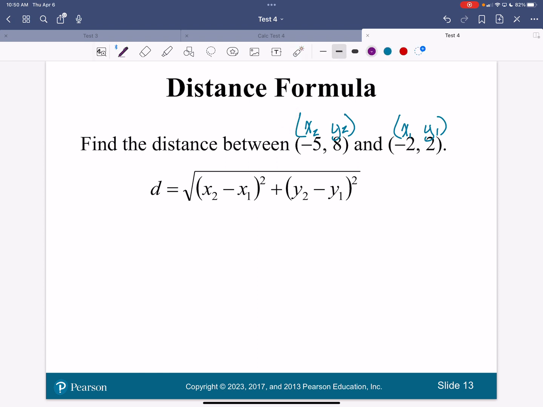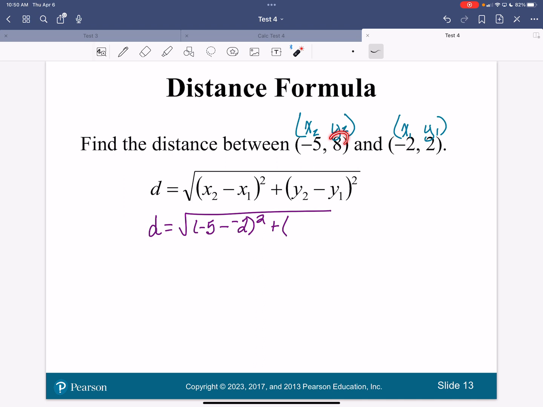So I've got the distance equals the square root. So I've got -5 minus -2. So I took this -5 and I am subtracting this -2. Then I'm going to do the same thing with my y coordinates.